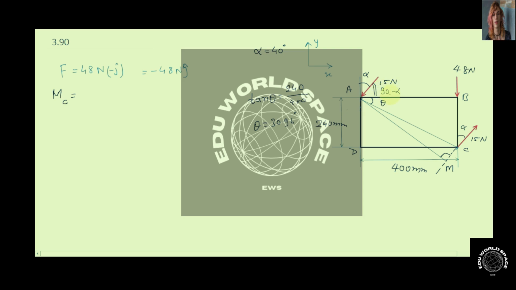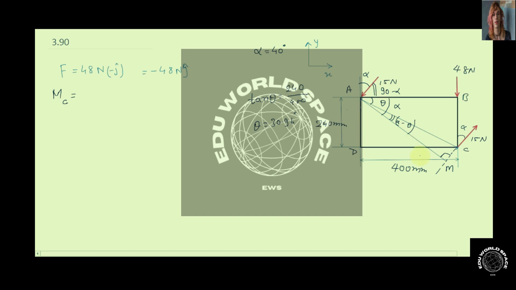Now this force and line AM are perpendicular to each other, so this entire angle will be alpha. That is, angle BAM is alpha and angle BAC is theta. So this angle is going to be alpha minus theta.